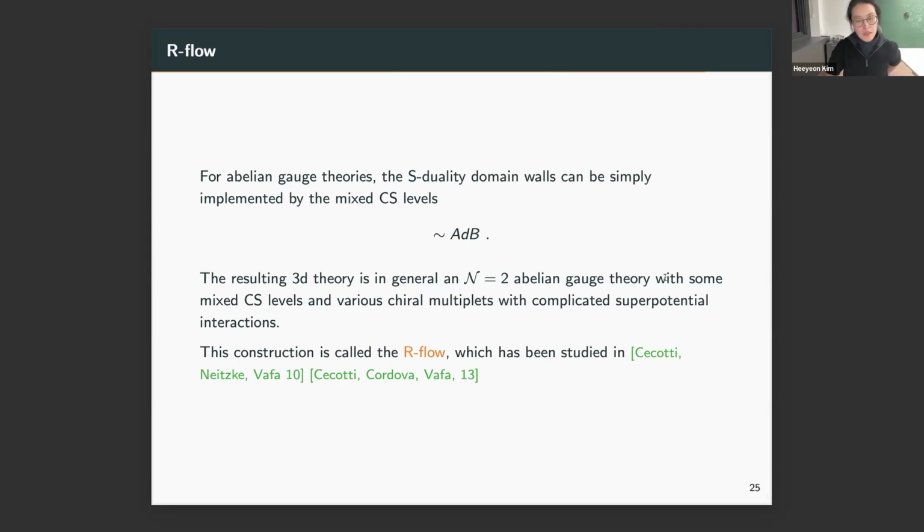And there are some non-perturbative effects, which are going to, in general, generate very complicated superpotential interactions among various fields in this gauge theory. This construction has been called the R flow. It has been studied, for example, in Cecotti et al. in 2010, or also in Cecotti, Córdova, Vafa in 2013 work.